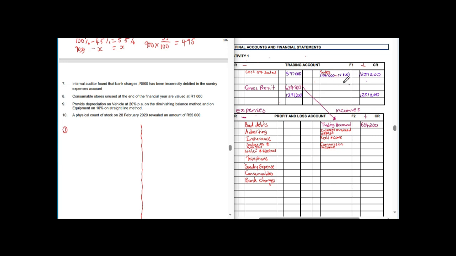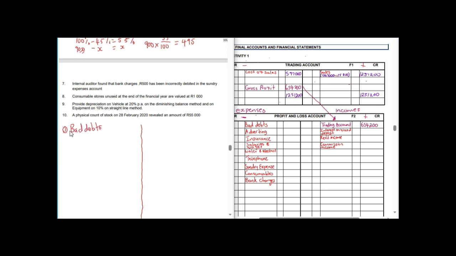So please show calculations under your profit and loss, so that if you made a mistake, maybe you typed a wrong amount in your calculator, the teacher or whoever will be marking you will be able to see that there was a mistake. Because I don't have enough space, I will just do my recordings in the blank space there.